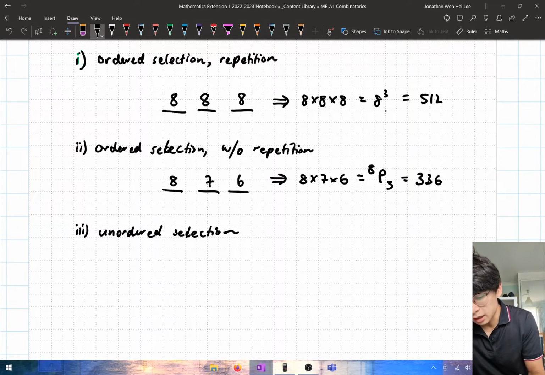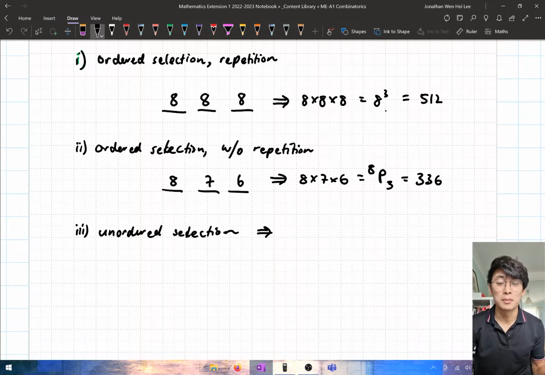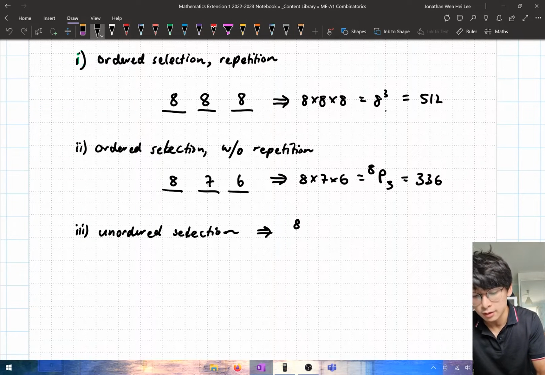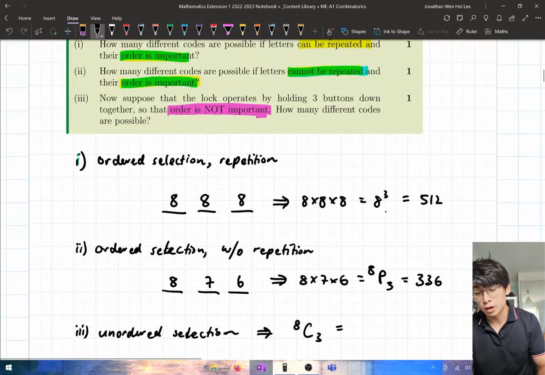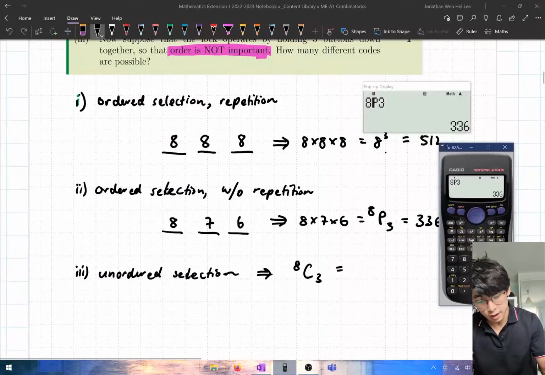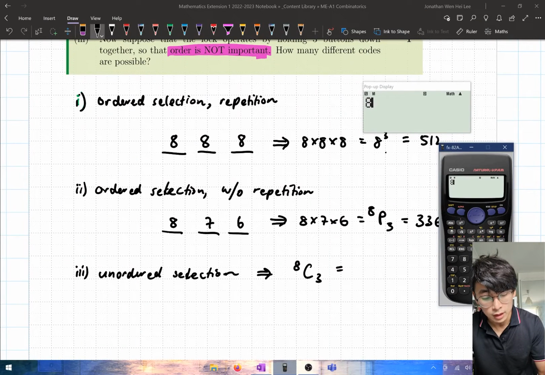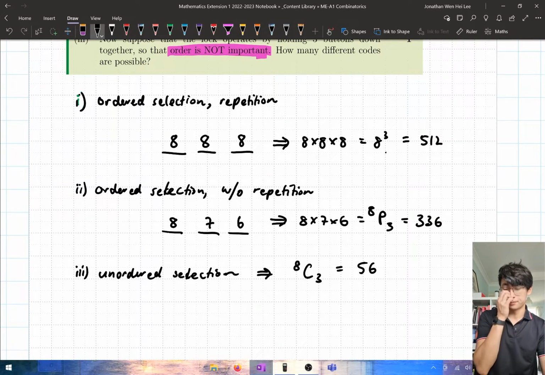With this particular case, we use combinations. There are 8 possible letters, and I'm going to choose 3 of them. So I go into my calculator, put in 8, shift, and the choose is the button above the divide, C 3, and we end up getting 56 possible outcomes here.